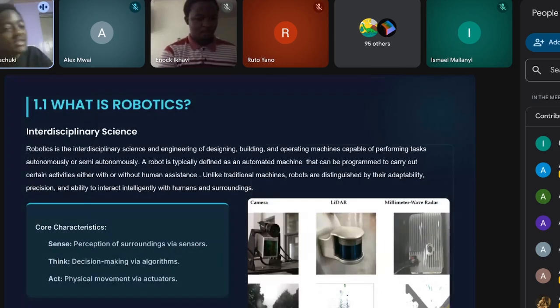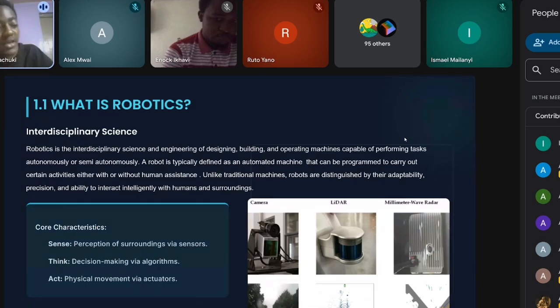Robotics is the interdisciplinary science and engineering of designing, building and operating machines capable of performing tasks autonomously or semi-autonomously. Unlike traditional machines, robots are distinguished by their adaptability, precision, and ability to interact intelligently with humans and surroundings. Sensors help enable robots to react and adapt to changing conditions.